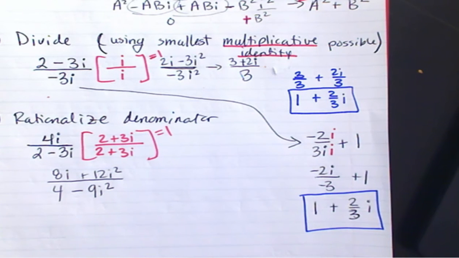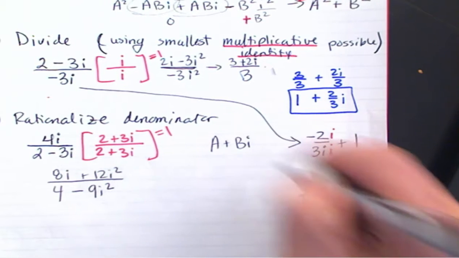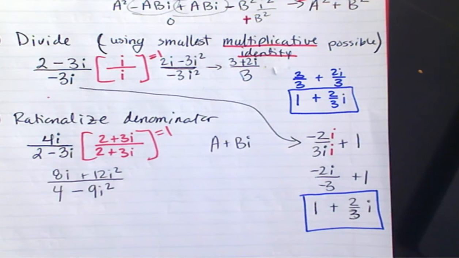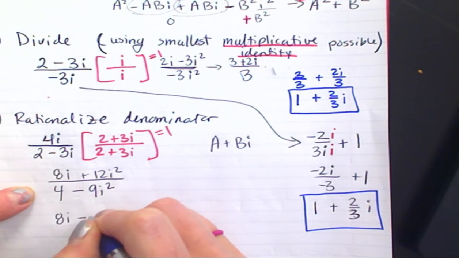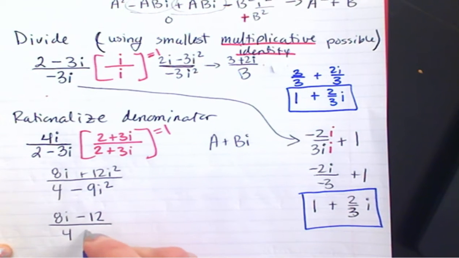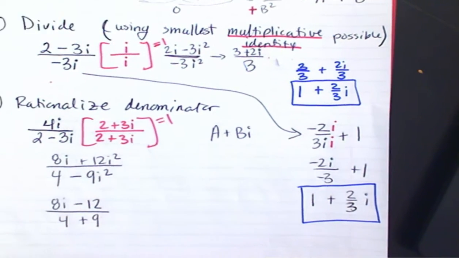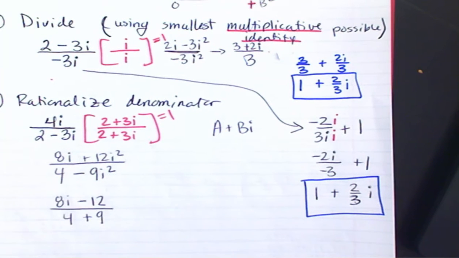Okay, replace, right? My answer format is always this. Means you have to take all higher powers of i and rotate them down. Okay, so we're going to get 8i minus 12. 4 plus 9. Notice that replacing i squared just changes the sign on that number.